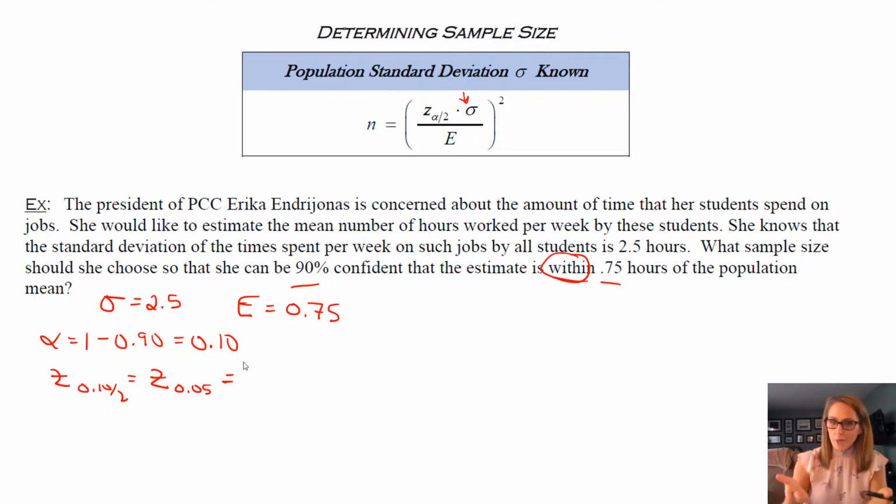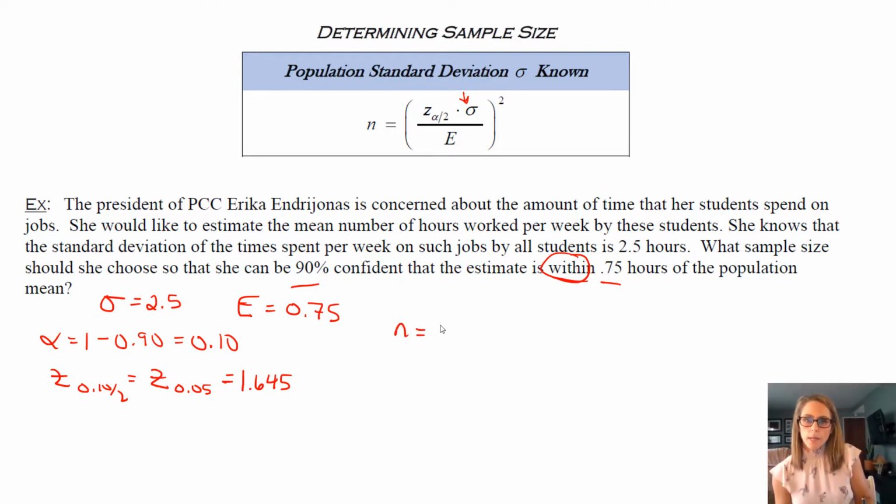If you notice that that's a very common confidence level, you can look at your z tables and notice that the critical value is 1.645 from the tables. That's really the easiest way to do it. Otherwise, you could use inverse norm if you wanted to as well, or you could use the tables, but really if you use the tables, it's right in the tables.